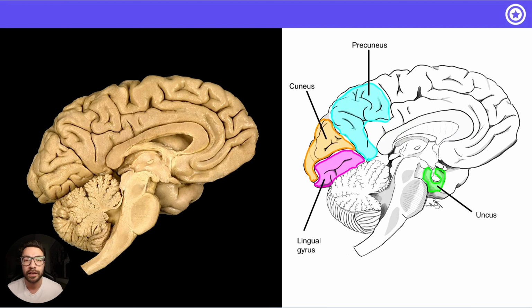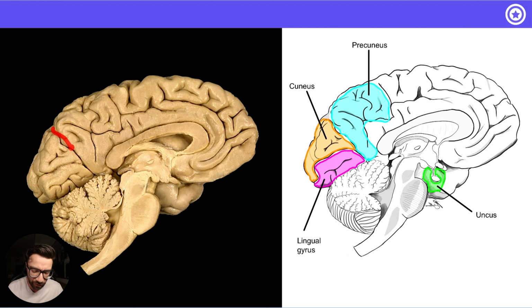Now we're going to discuss the cuneus and the precuneus. So the cuneus is going to be located superior to this sulcus right here. If you remember what the sulcus is, this is going to be that calcarine sulcus. So our cuneus is going to be located just superior to that calcarine sulcus right here.